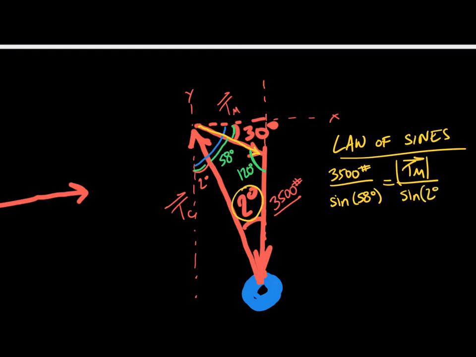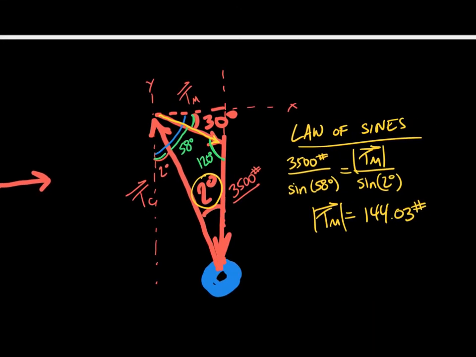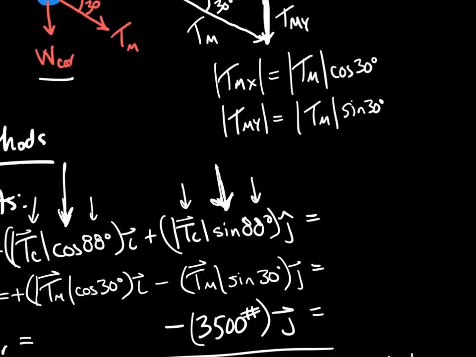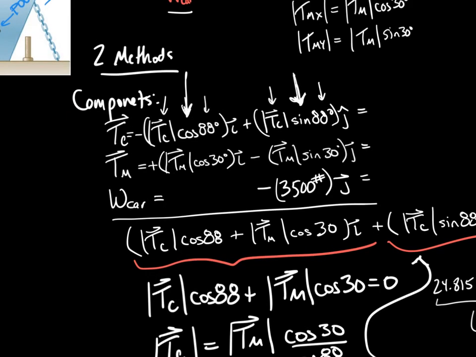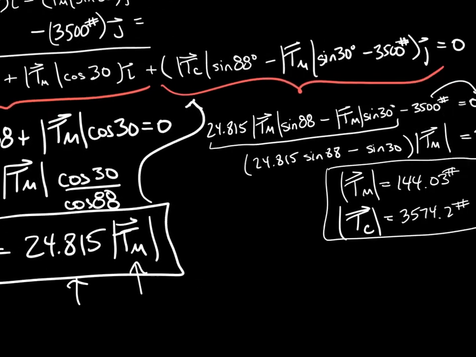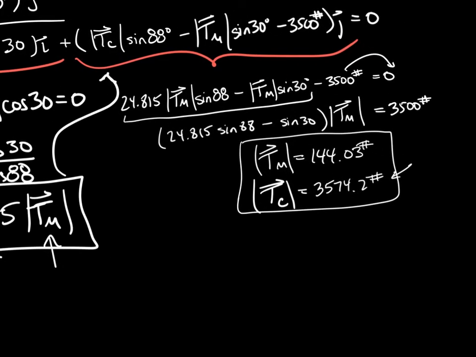Sine of 2 degrees. Rearrange, solve, or cross multiply, whatever you want to do here. Tm is 144.03 pounds, which I'm going to guess is the same answer we would see if we went back over here. Tm, 144.03 pounds. Okay, looks good.